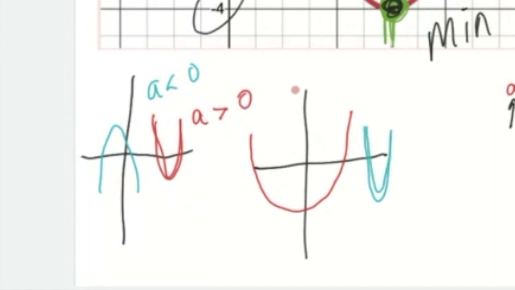So if a is a fraction, say if a is between -1 and 1, our graph is going to be wide. If a is bigger than 1, then it's going to be up like that. It's going to be really skinny.